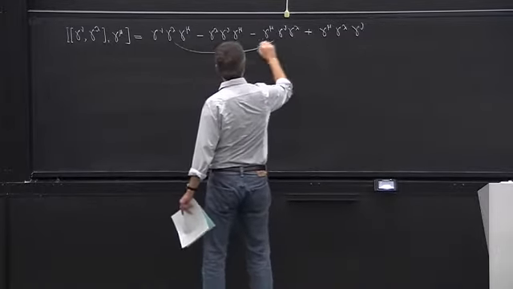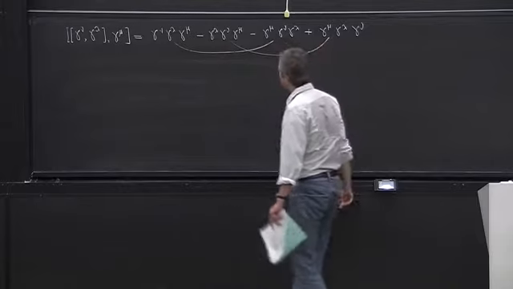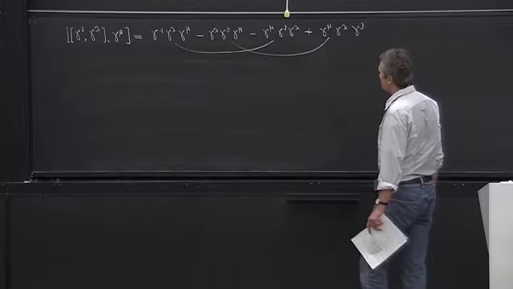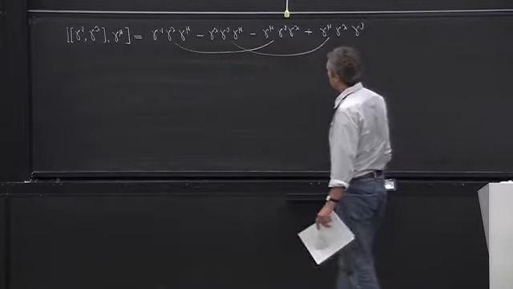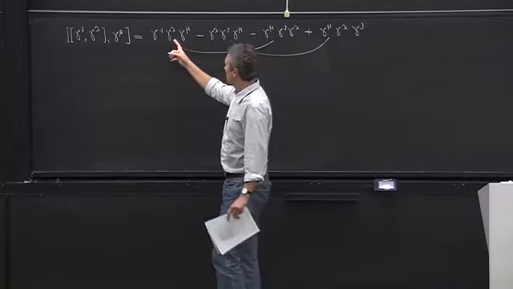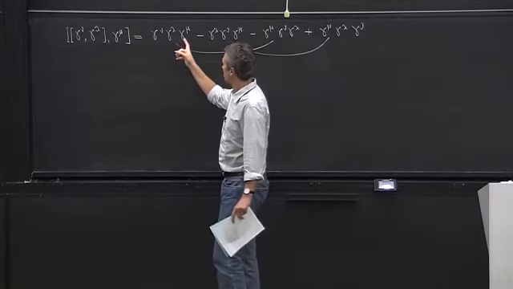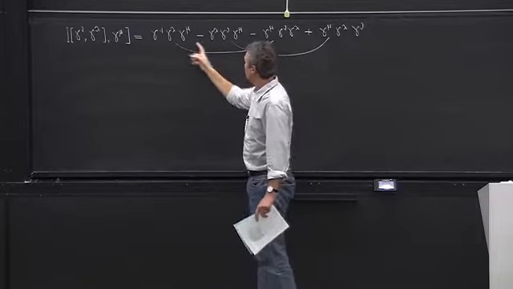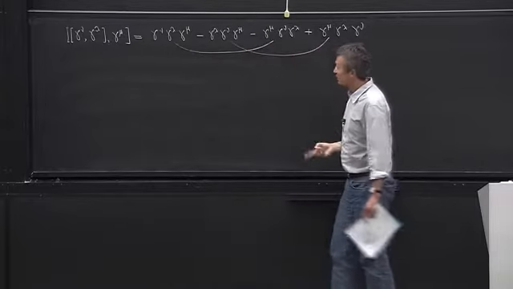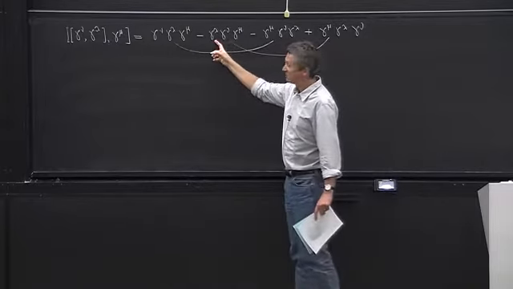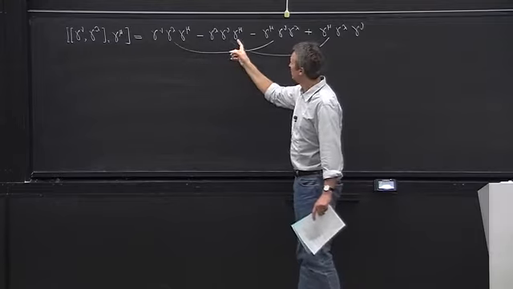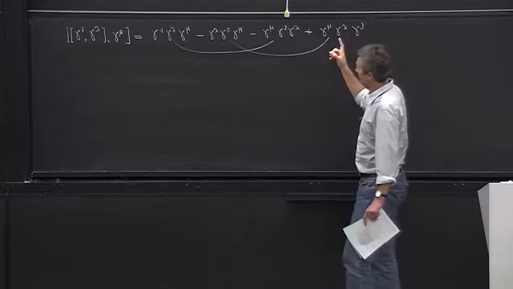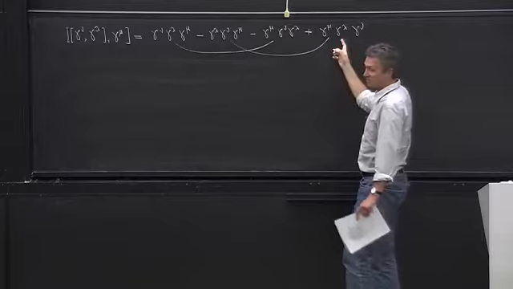Let me combine these two terms and these two terms. You see that they have the same structure: we have a product of two Dirac matrices, and then the third matrix appears on the right and on the left. Here the first two entries are multiplied in a different order, but again gamma mu appears once on the left and once on the right.